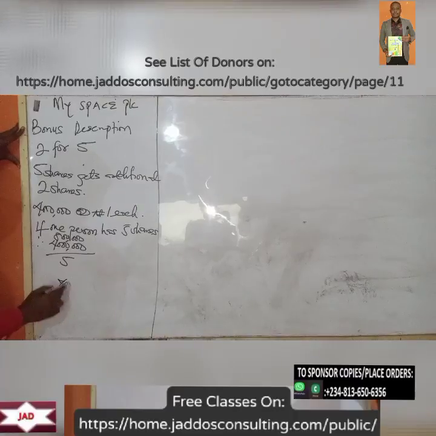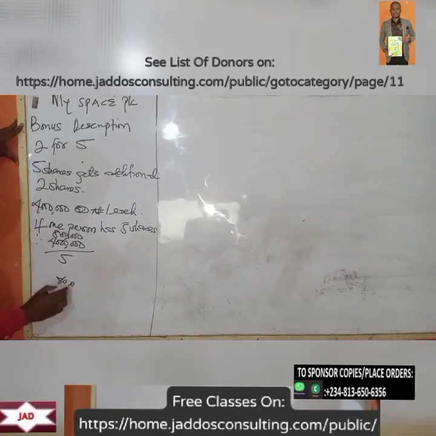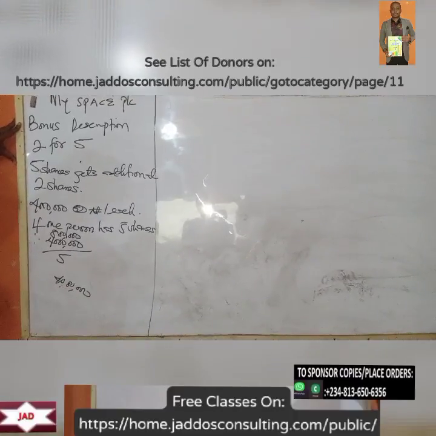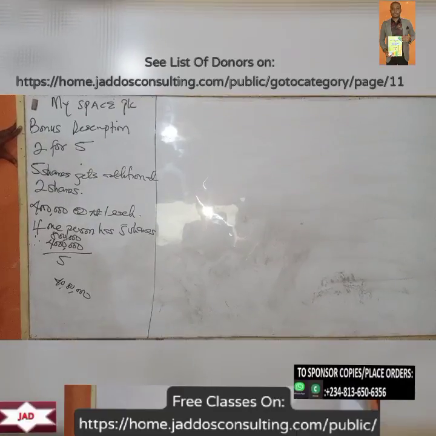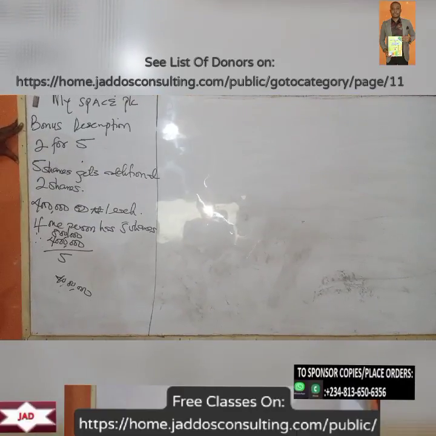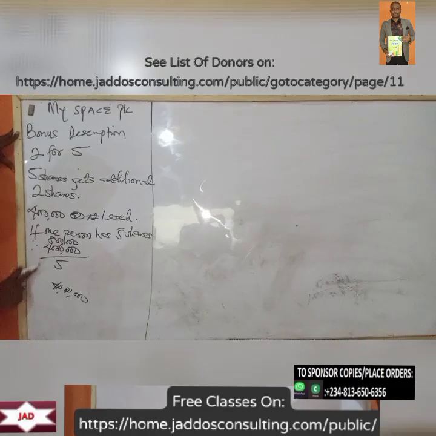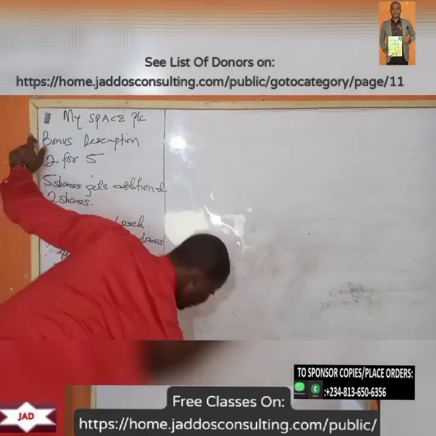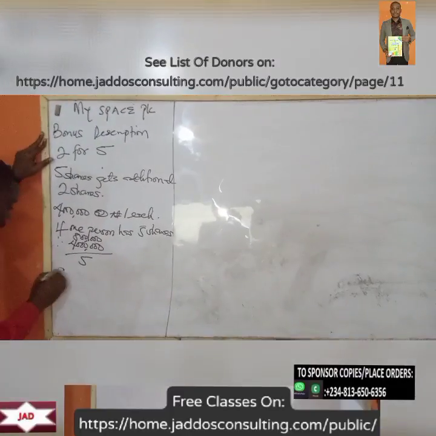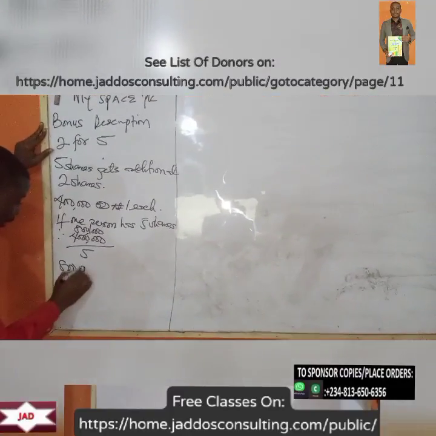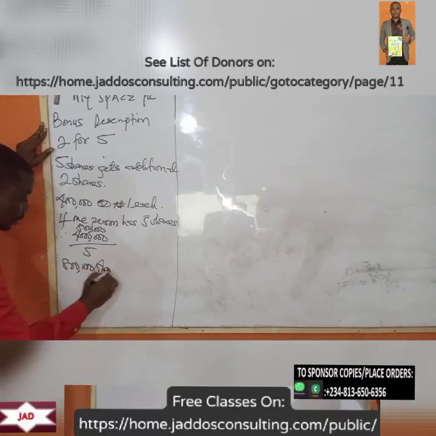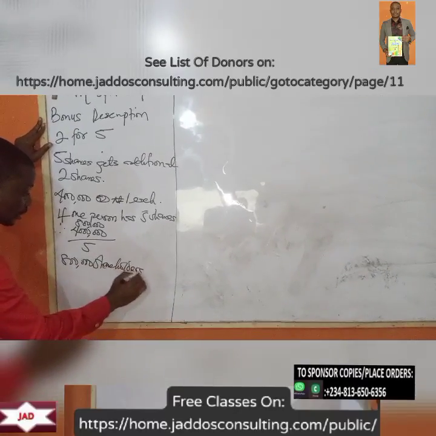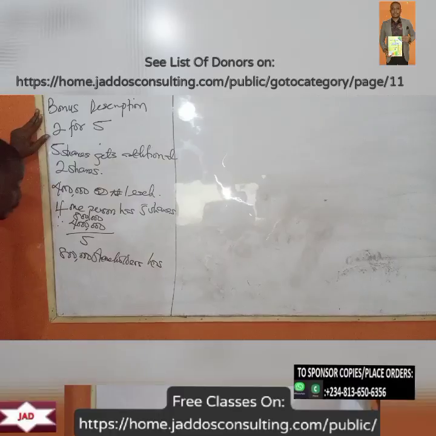So put 40 here, add the other 0 there. That's 4 million, right? So we have 800,000. So you can say 800,000 shareholders.